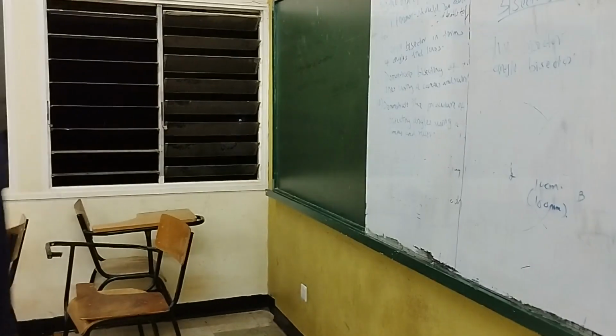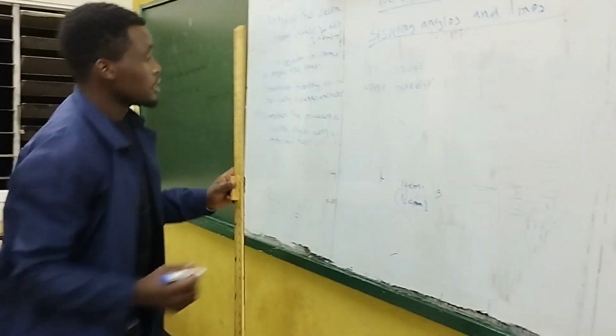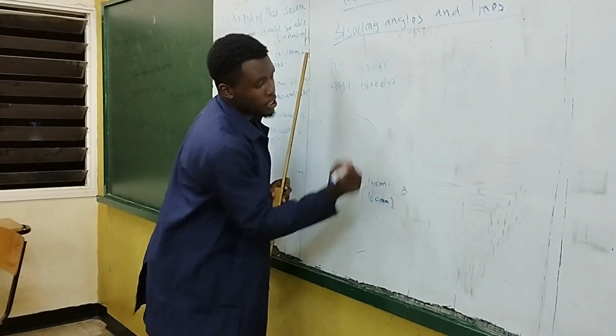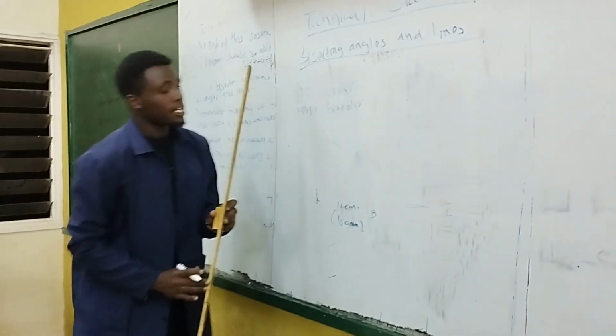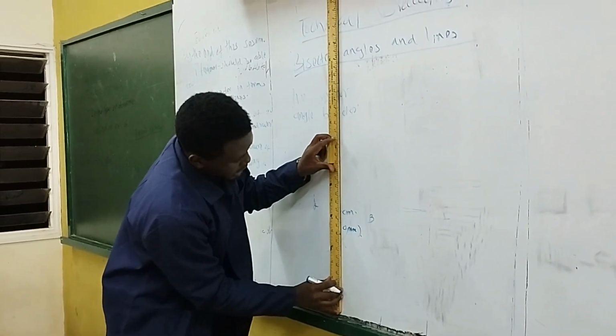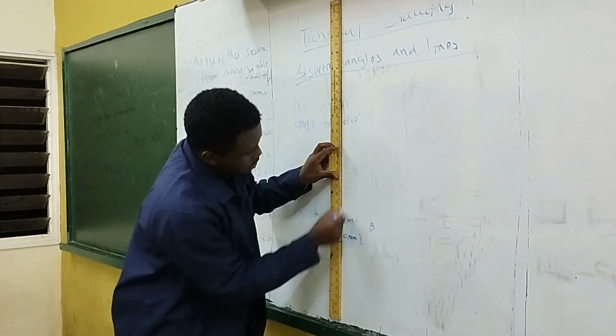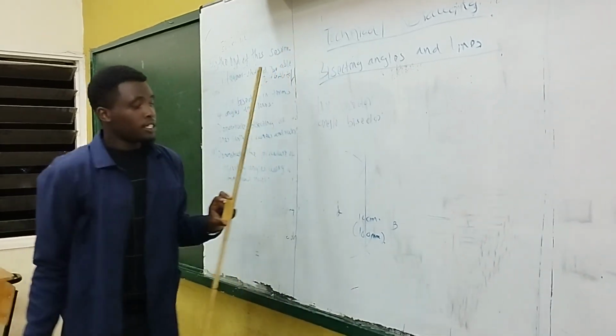You take your straight edge, your ruler, then through the points where the arcs intersect, make a straight line.